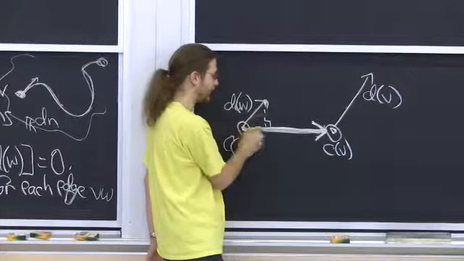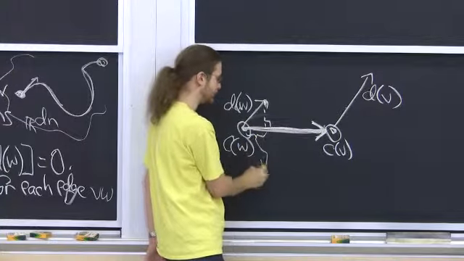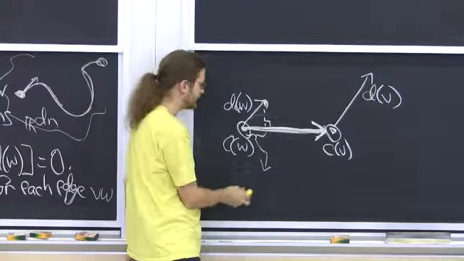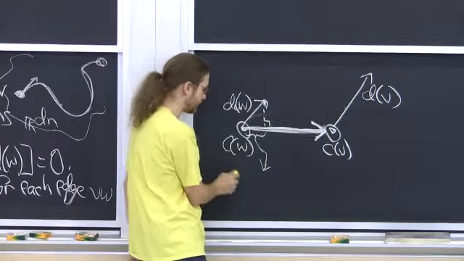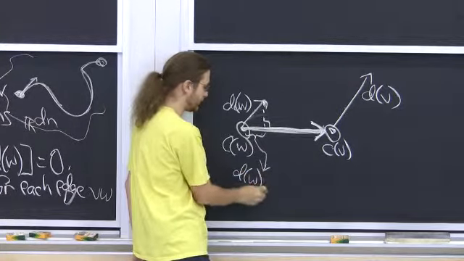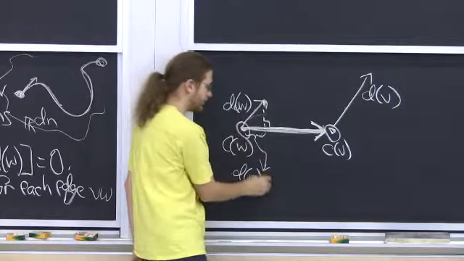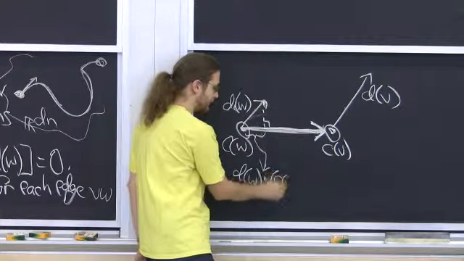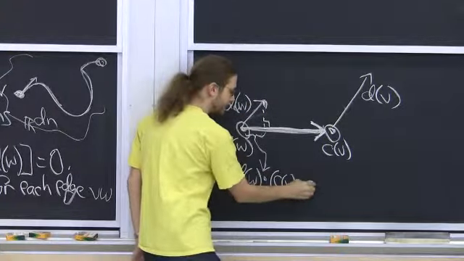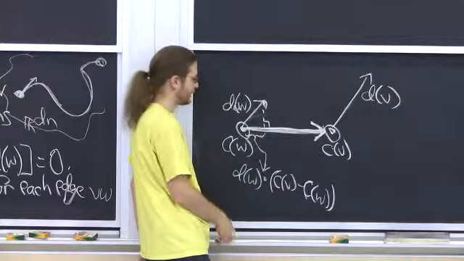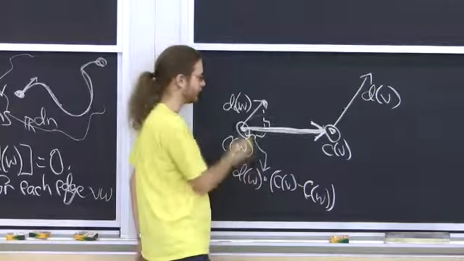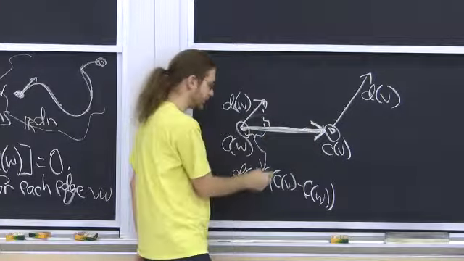That projected length is actually very simple. This is again some linear algebra stuff interpreted geometrically. This is a dot product between d of w, that vector, dot product with c of v minus c of w. It turns out dot product corresponds to projection. So I'm taking this vector and projecting it onto this one.